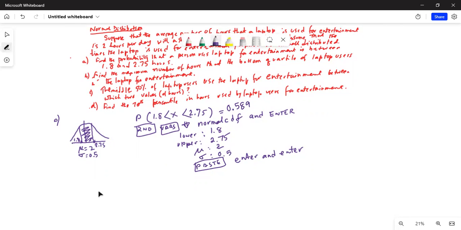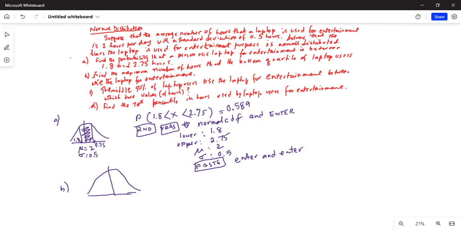So if I may want to correct this, just so that you can read, use the laptop for entertainment. Okay. So let me draw a diagram for part B. Not a very good drawing, but anyway, you get the picture.